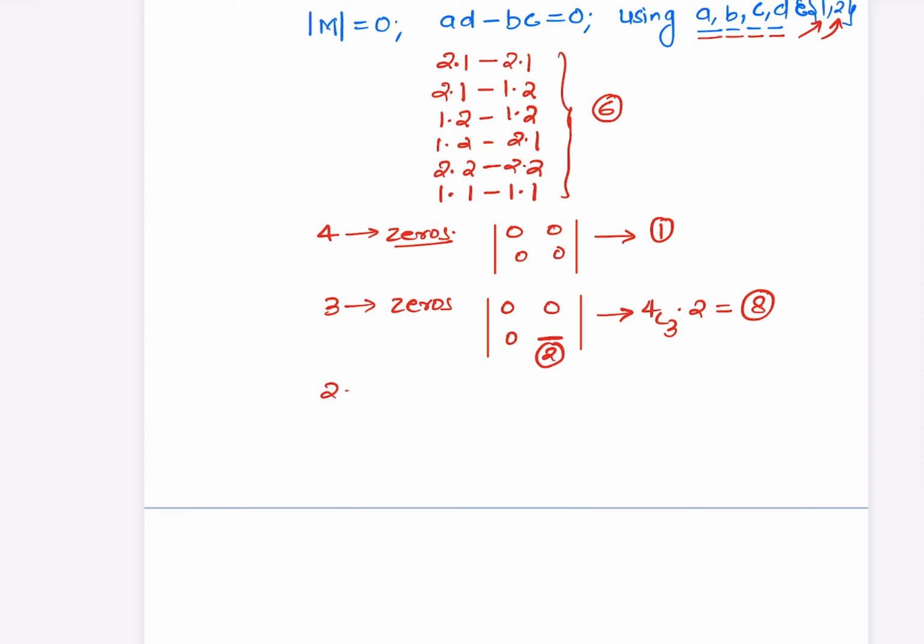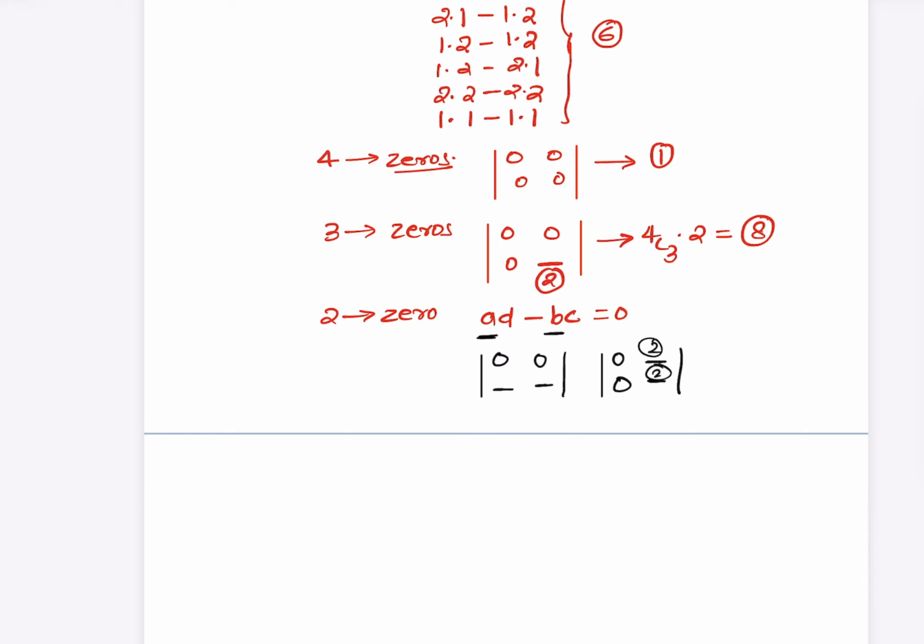Now if we are using 2 zeros, we have to be a little careful that AD minus BC we need 0. Suppose we take A and B as 0, and the other two places we can fill in two ways. Or we can take A and C as 0, and these two places we can fill with either 1 or 2.